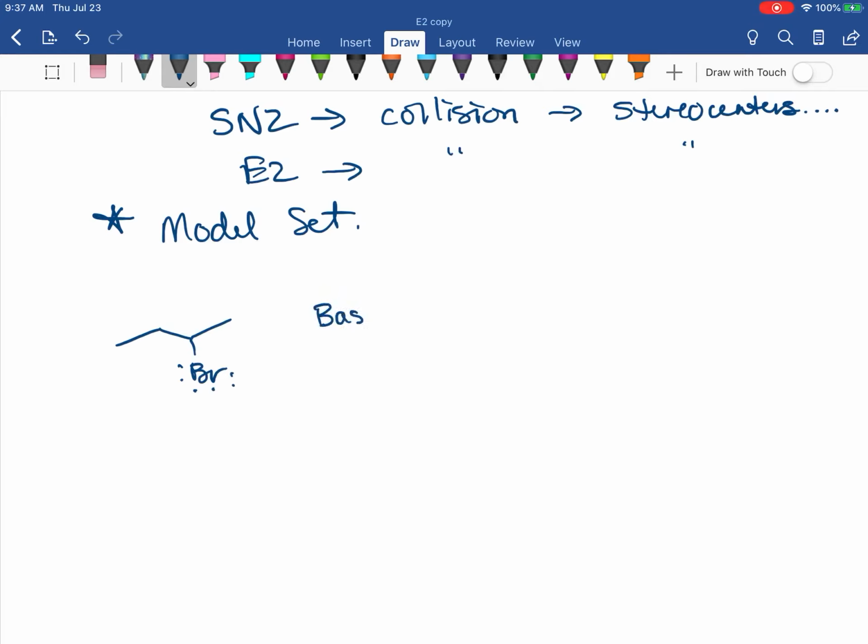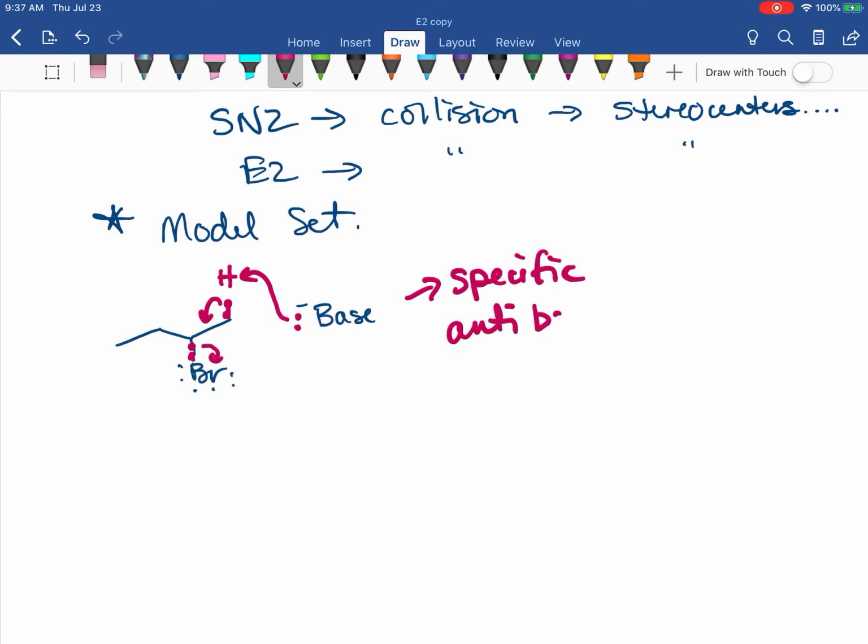Let's take any kind of our base. Our mechanism all happens in one big flow. It's like a waterfall. Those electrons are all going into specific anti-bonding orbitals.